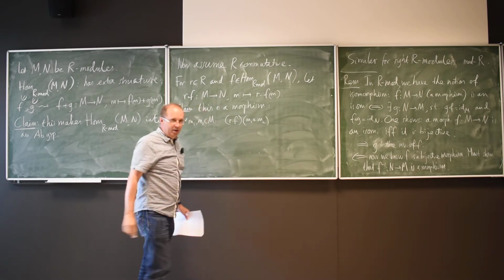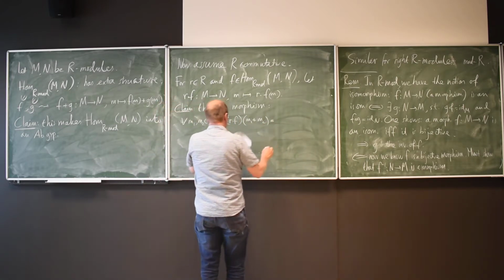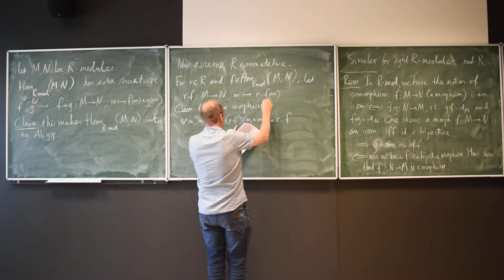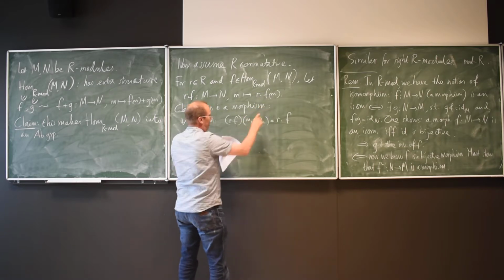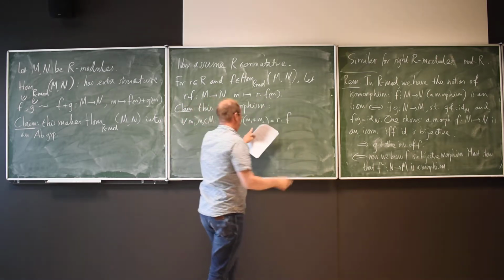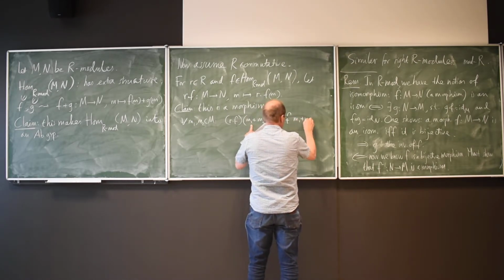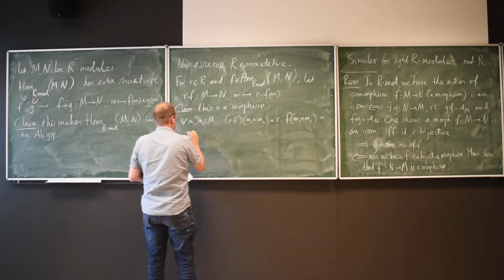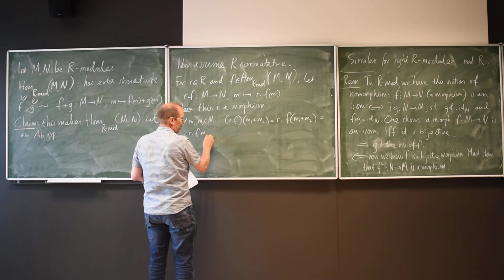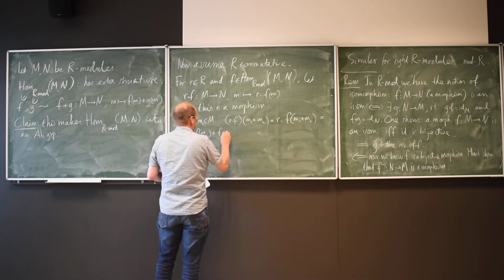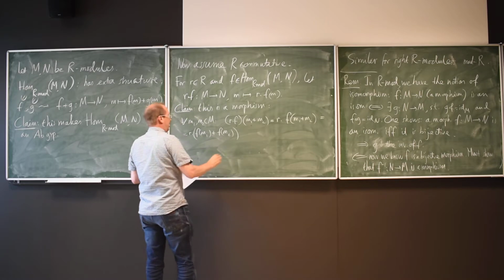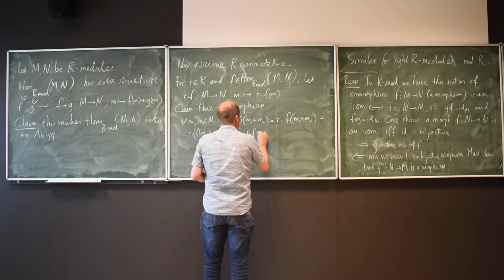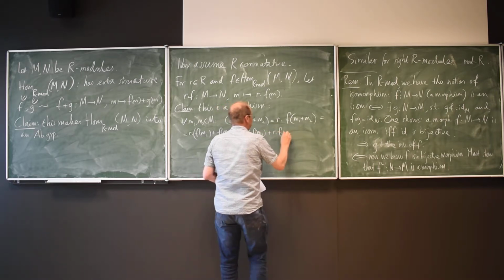what it should be. Well, if I work this out, when I evaluate it on M, I have to take R times that, so this is R times F of M1 plus M2, and because F is additive, this is R times F of M1 plus F of M2, where I put some parentheses, and then the distributivity will give me R times F of M1 plus R times F of M2.